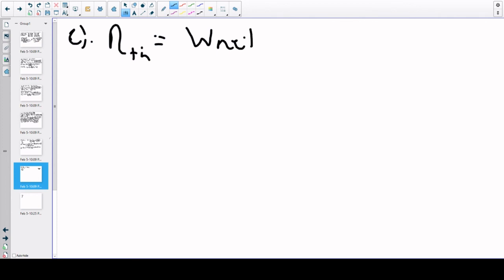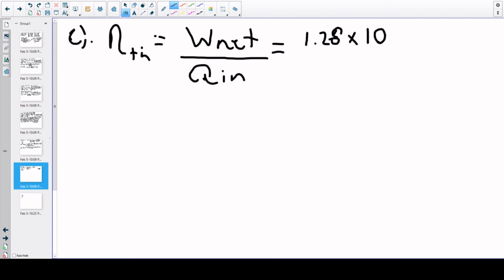Work net being 1.28 times 10 to the 5th, and Qn being 3.24 times 10 to the 5th. Divide the two, and you end up getting a thermal efficiency of 0.388, probably could be 0.39, which I think is what the answer key had, but I like to write it out to a few digits anyway.